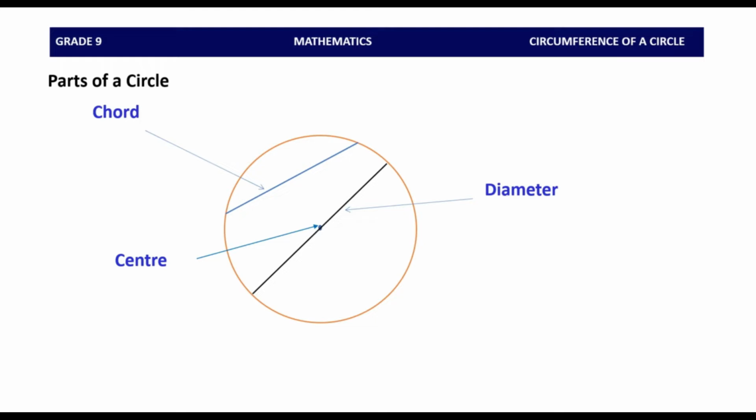And also, the longest chord in a circle is the diameter. The distance from the center to any point on the circle is the radius of the circle. The perimeter or the length around the circle is known as the circumference of the circle.